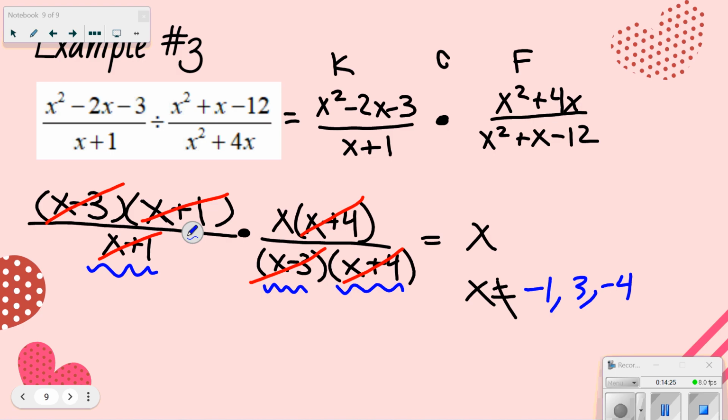So from the beginning of our problem, we stated a restriction for -1, and we stated a restriction here because that's in that second fraction after we flipped it to make it a denominator. But looking at your original problem, would you agree x squared plus 4x is also a denominator right here? Yes. So therefore, I also have to keep stating restrictions for that part as well, which means we have to add what other value to our list?